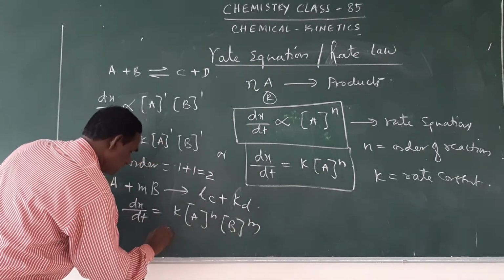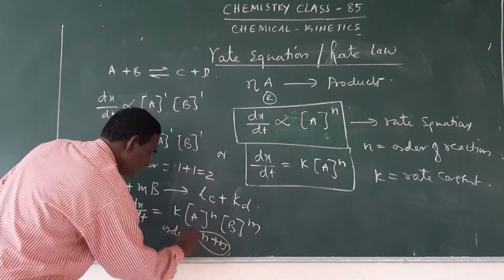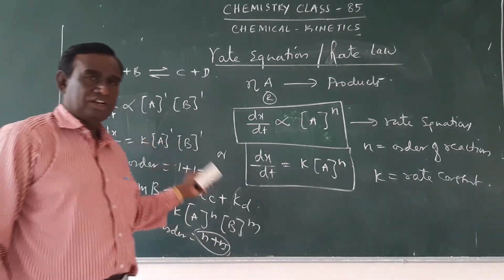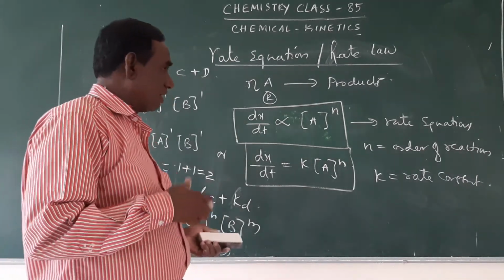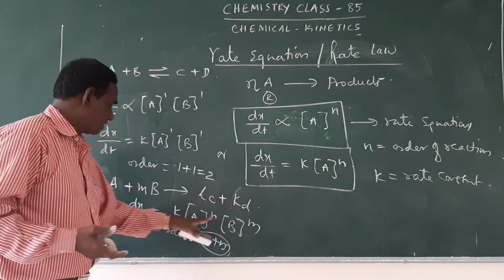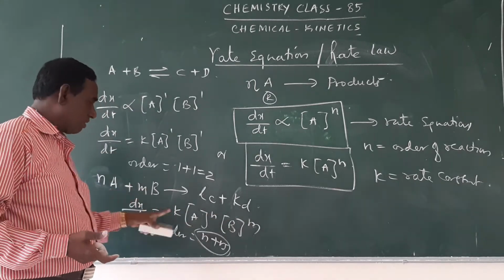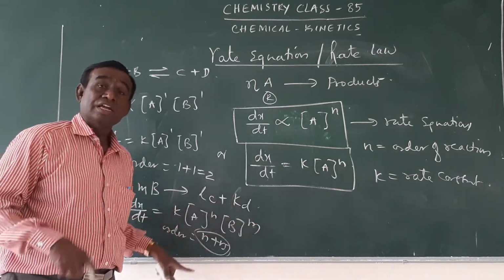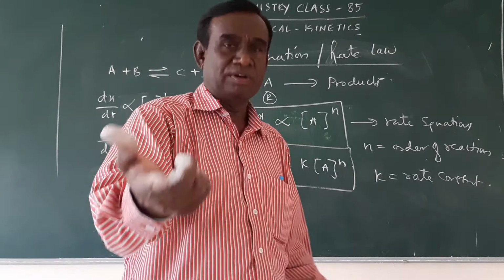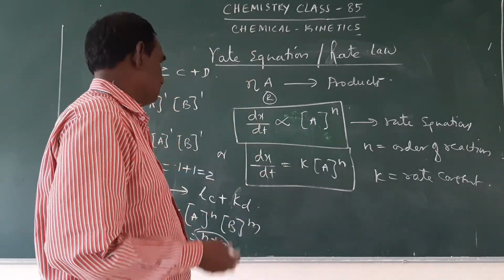Therefore order is equal to n plus m. The order of a reaction is defined as the sum of the powers of the concentrations of the individual reactants in the experimentally determined rate equation. We will come to that in the order of the reaction.